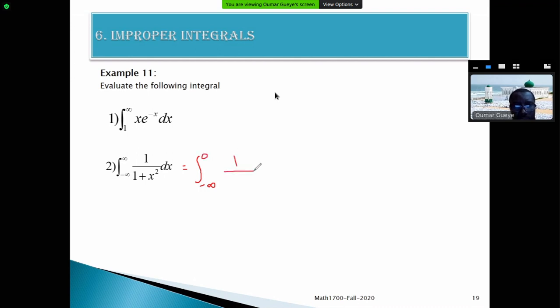So the integral of 1 over 1 plus x squared, plus now the integral from 0 to positive infinity of 1 over 1 plus x squared. And as I mentioned before, you can see you have two improper integrals of type 1. Then we can apply exactly what I did for the first example.